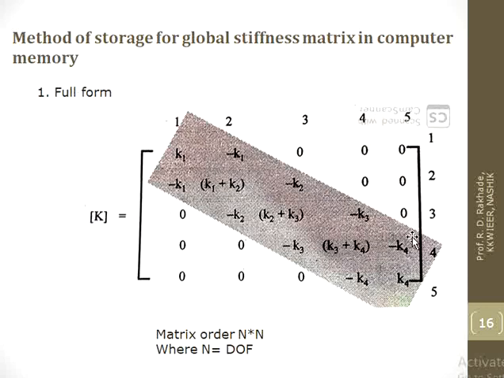In full form, suppose the global stiffness matrix size is 5 by 5, then the required memory for the computer is 25, because n into n, that is 5 into 5, means 25 cells are required to store the values.